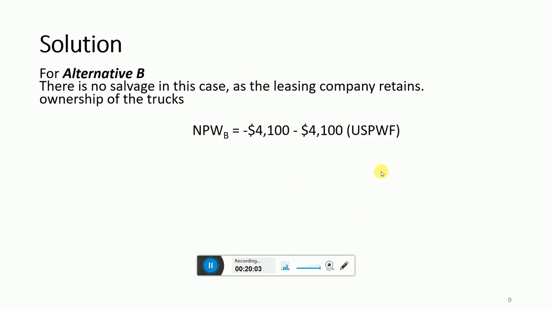So this formula we are going to use. The 4,100 dollars we pay right now is the present worth, because we are paying it at this moment initially, and the other 4,100 payments are made at the beginning of every year, so we use the uniform series present worth factor.